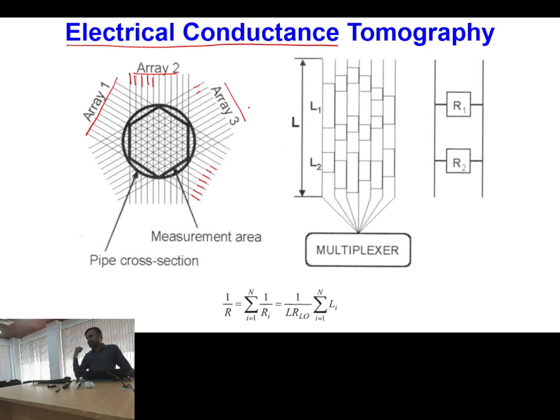In this case, between two wires of array 1 and array 2, you may find that at some portions between the two wires there will be contact of liquid, and in some portions there will be contact of gas. For example, say this is one wire and this is the other wire. Here you can see one liquid contact between these two wires of length L1.